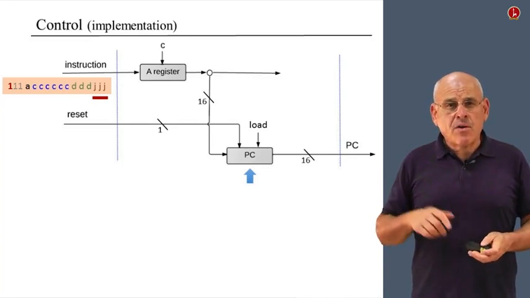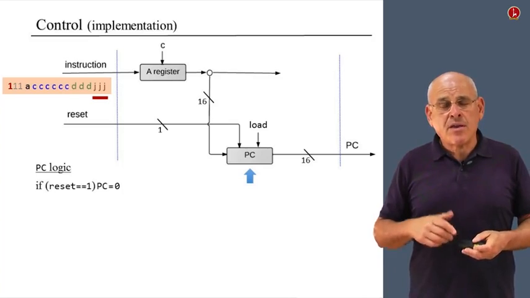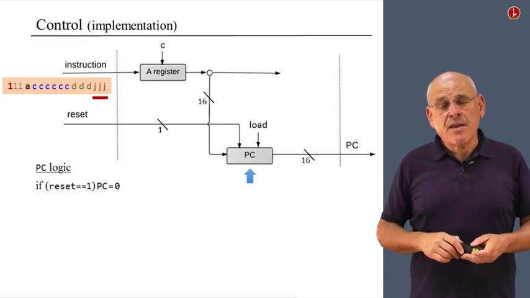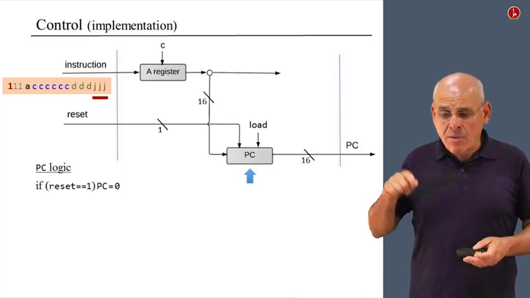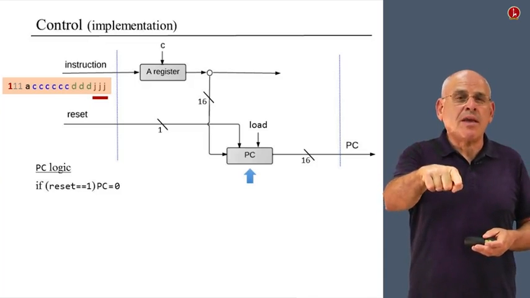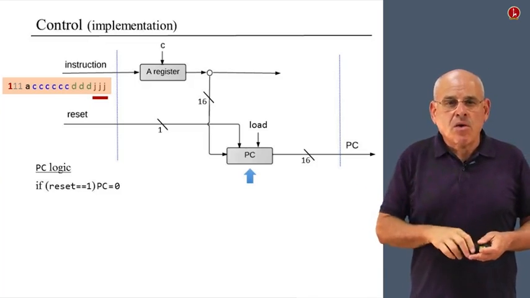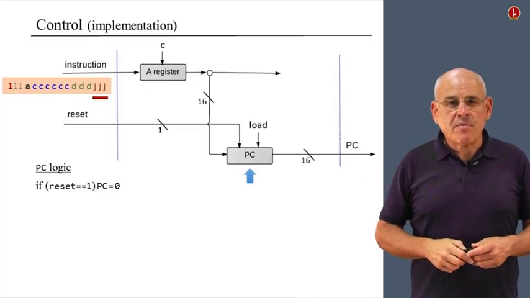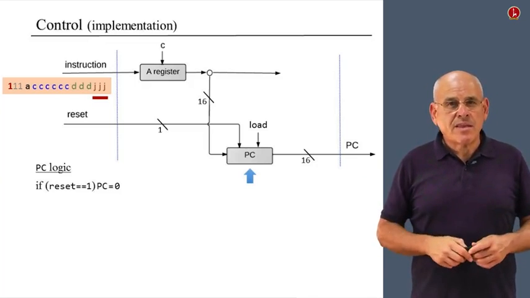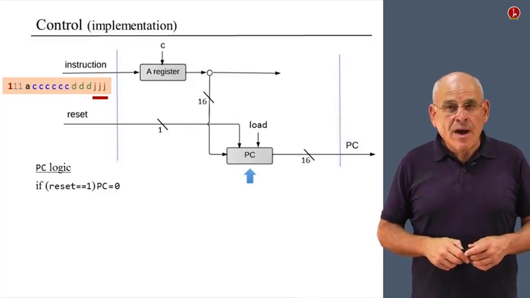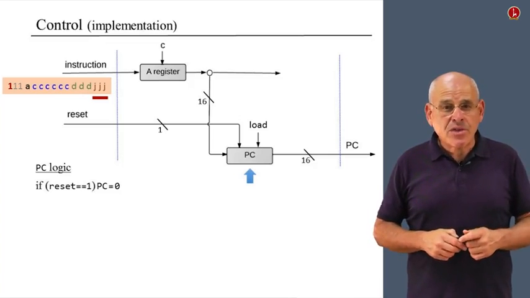And remember that in order to start the computer, in order to cause the computer to start executing the current program, we push the reset button in and we let go. So if the reset is 1, we want to set PC to 0.